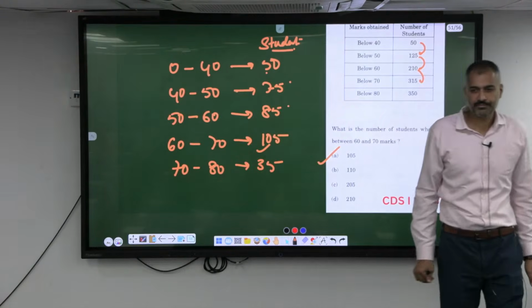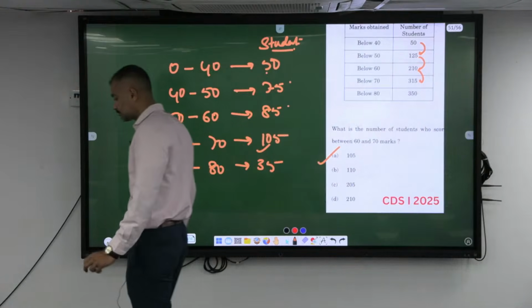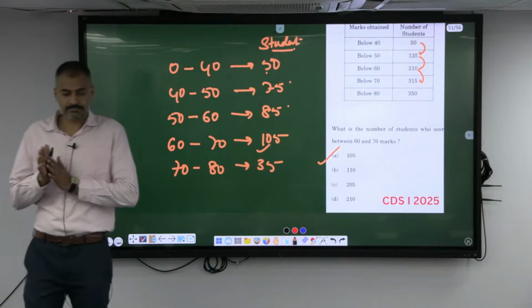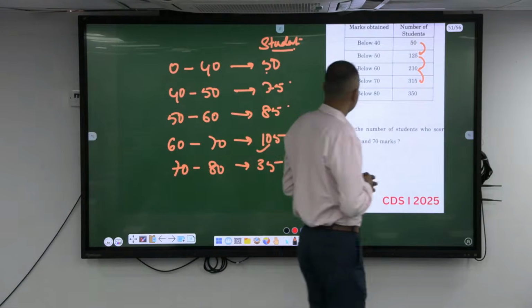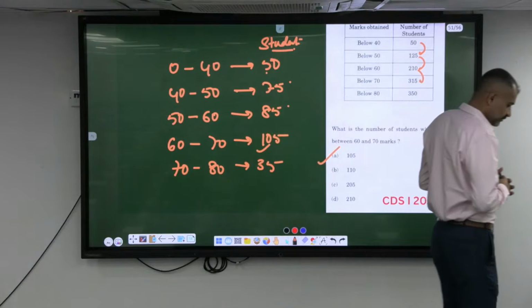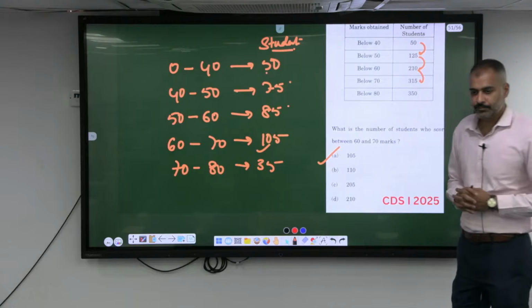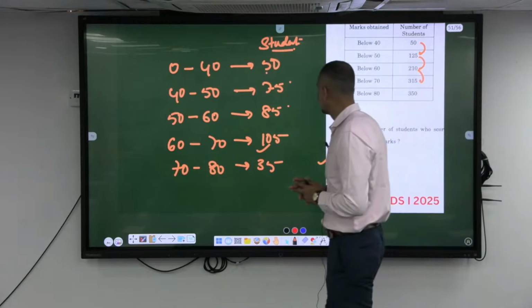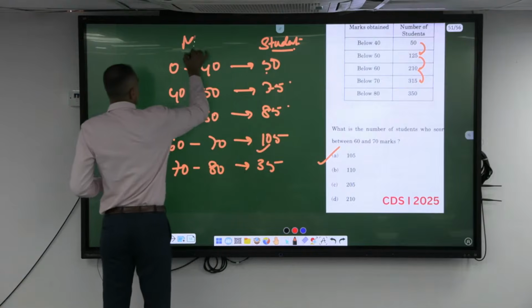Take down. Possible question, this one. Students and marks.